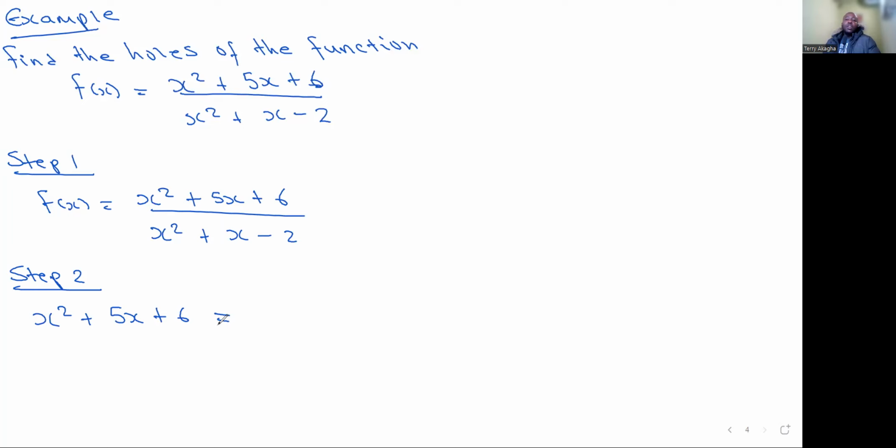I'm going to use trinomials when a is equal to 1. I look for two numbers that multiply to give 6 and add to give 5. Those are 3 and 2, so it's x plus 2 times x plus 3. If you've forgotten how to factorize, I advise you to go back and check how to factorize again.